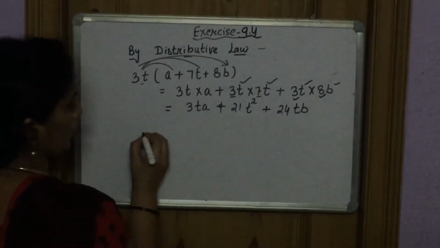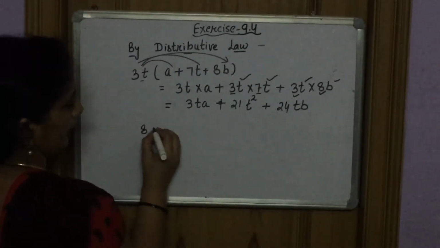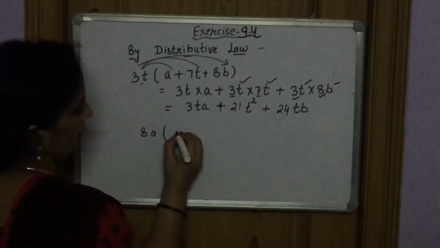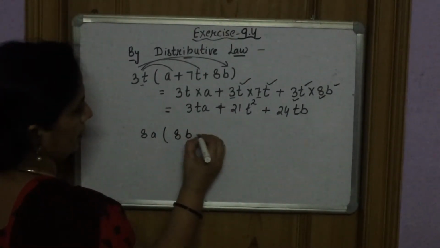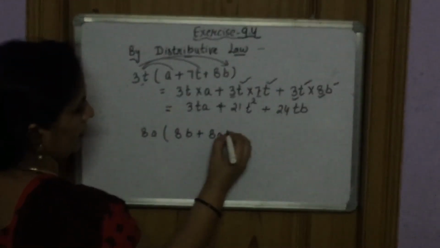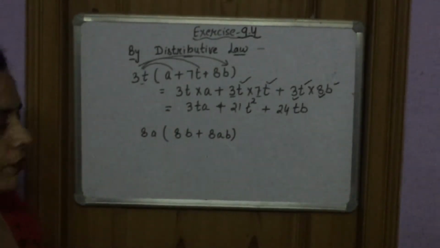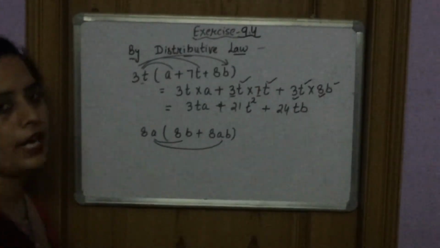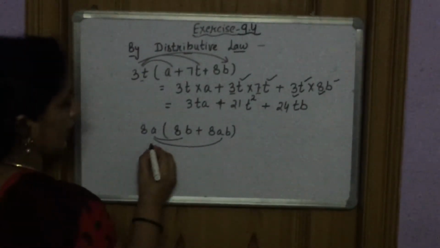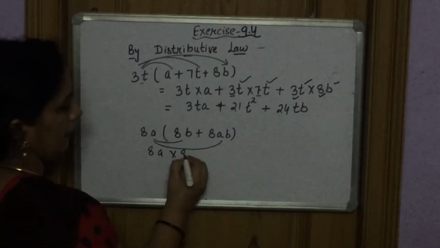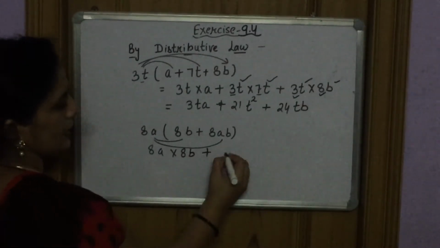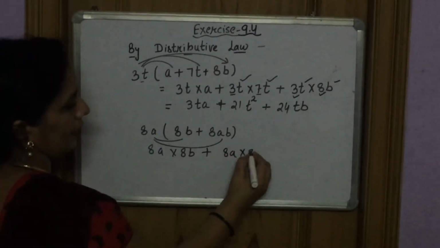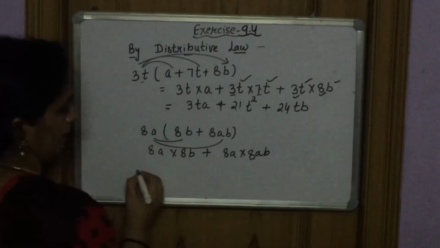Let's do one more question. 8a... What will we do? Distribute the terms. Then after this multiply. 8a multiply 8b. With the second term, 8a, 8a and b.